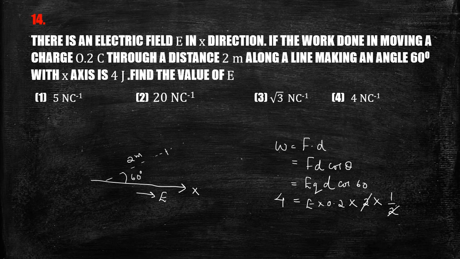Therefore, this 2 and 2 get cancelled. Therefore, E is equal to 4 divided by 0.2. Multiply the top and the bottom by 10. We get 40 divided by 2, that is 20 Newton per Coulomb. Therefore, option 2 is the right answer.